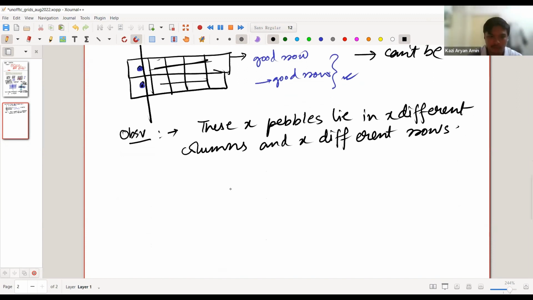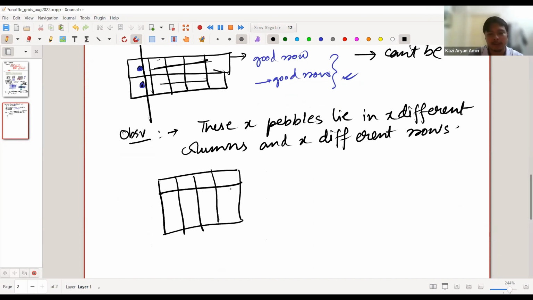We do know something very nice: if you have x good rows having one pebble in each of them, they are in a sort of diagonal fashion, because they share different rows and different columns. I'm just writing it like this.